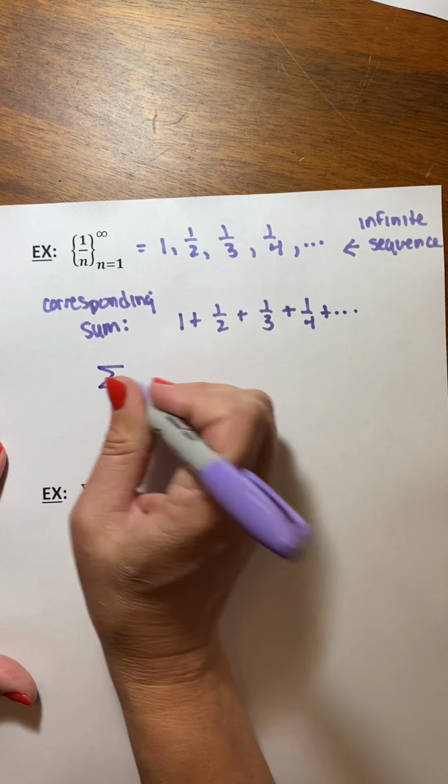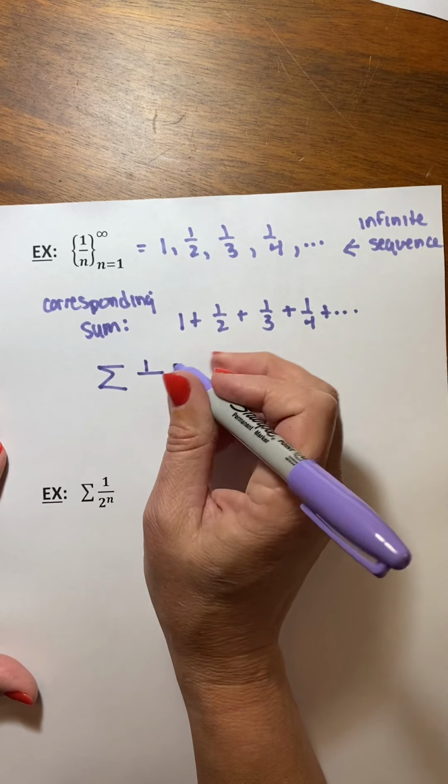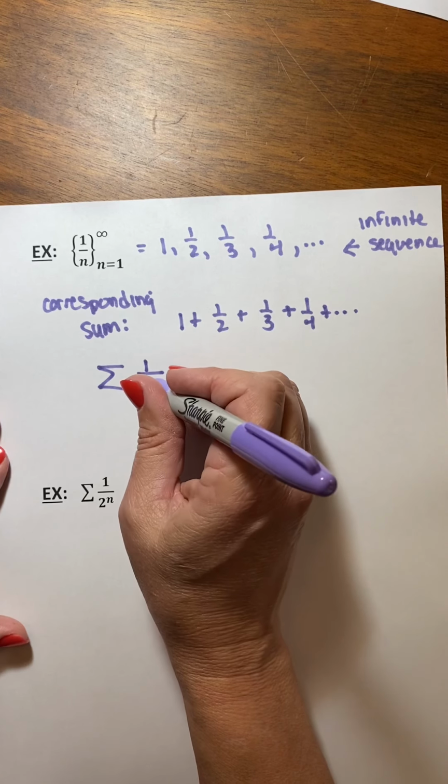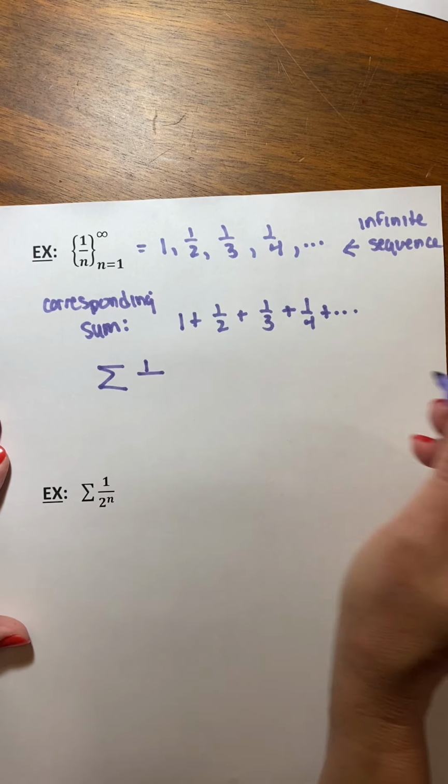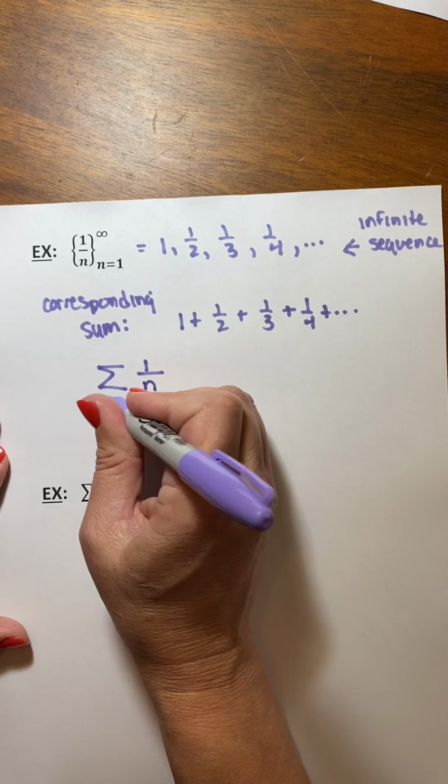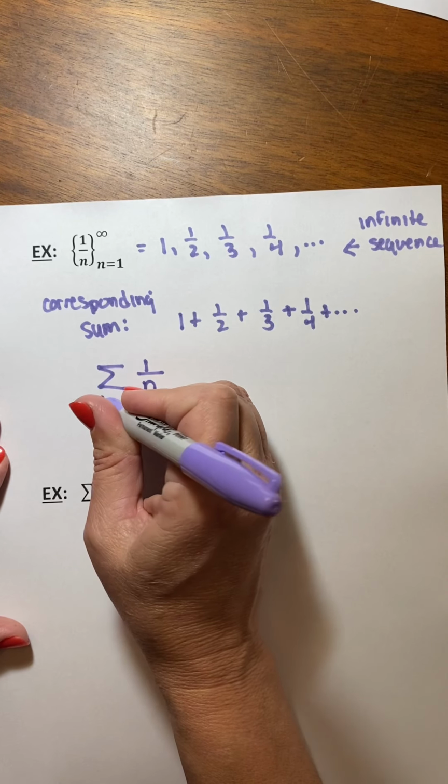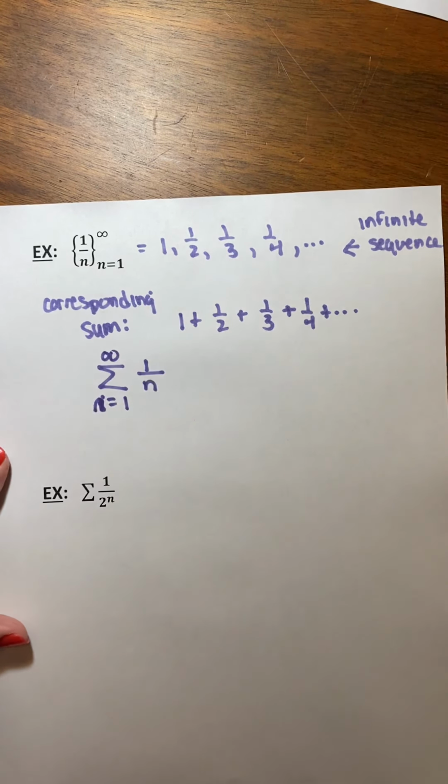We would write 1 over n, using whatever letter you want, with n equals 1 to infinity.